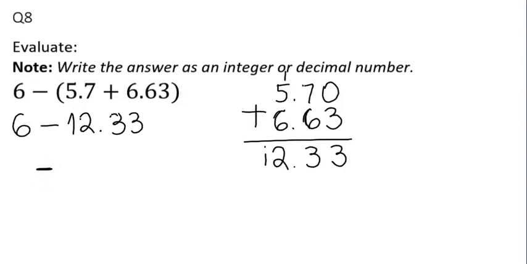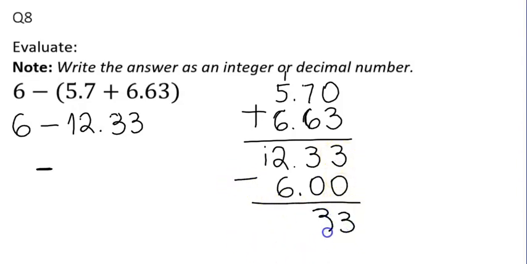If you know already, put the negative there, just as a placeholder. Now you subtract 6. 6 is ones. Then I have to put it under the 2. Now I fill everything with a 0, put a dot here, decimal point, and I work on the subtraction. 3 minus 0, 3 minus 0. Now 12 minus 6. So my answer is negative 6.33.